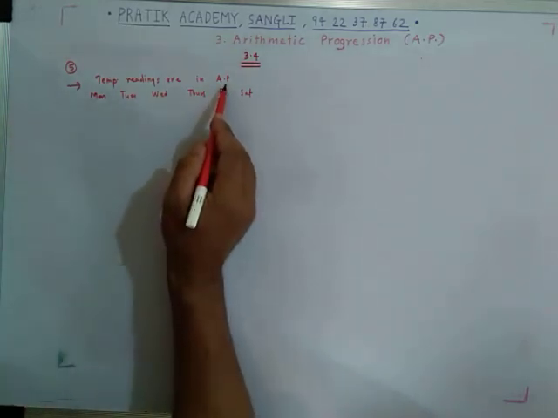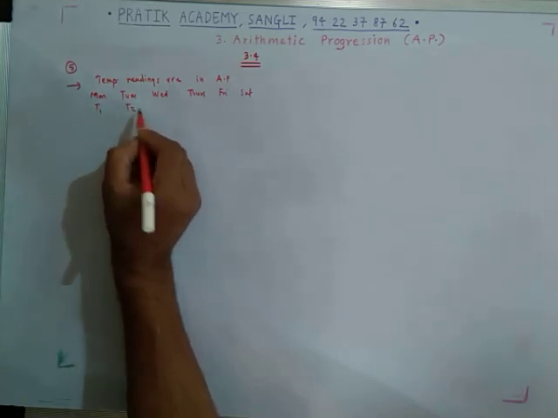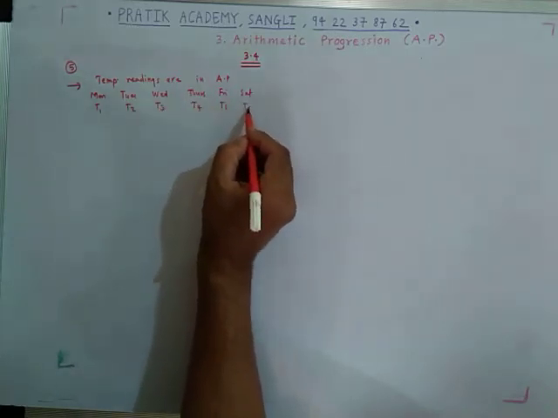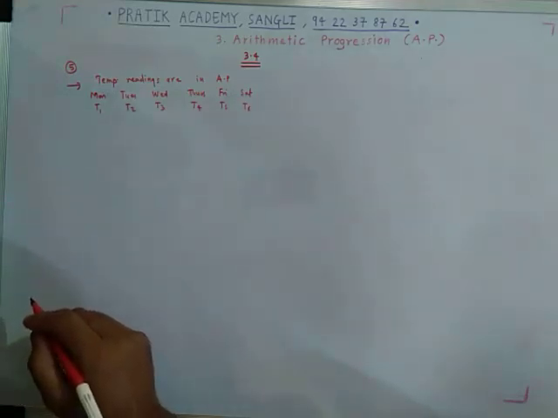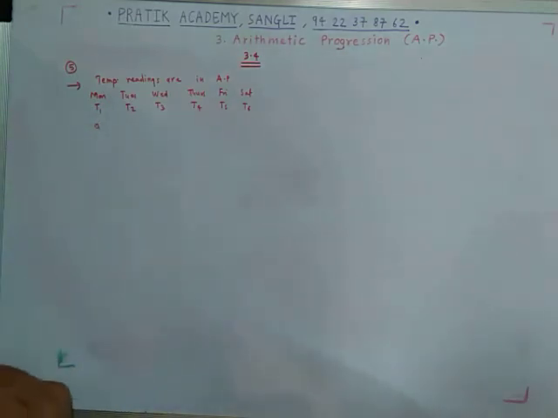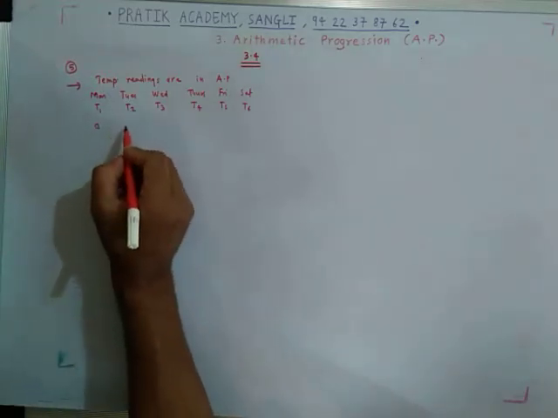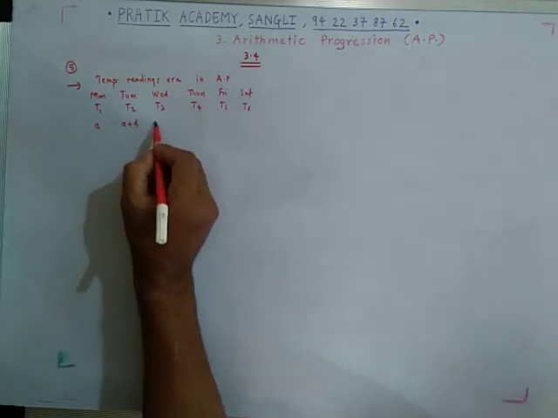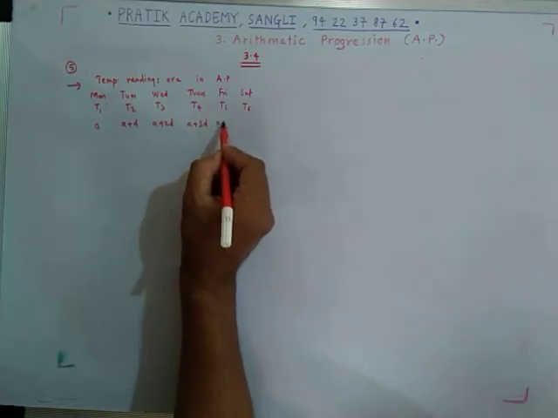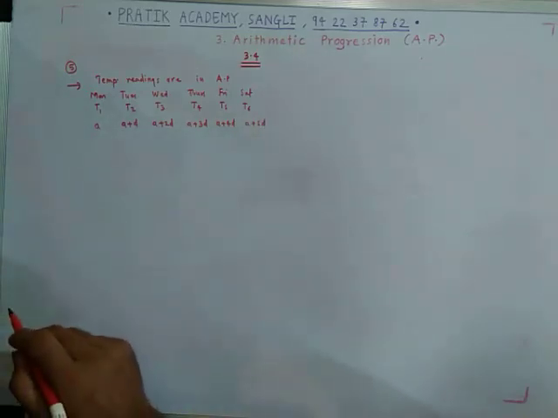As the readings are in AP, let's call these temperatures T1 degree Celsius, T2, T3, T4, T5, T6. Now if you assume a as the initial term and d as the common difference, then T1 will be a, T2 will be a plus d, T3 will be a plus 2d, T4 will be a plus 3d, T5 is a plus 4d, and Saturday will be a plus 5d.